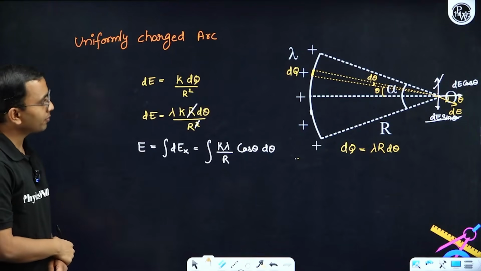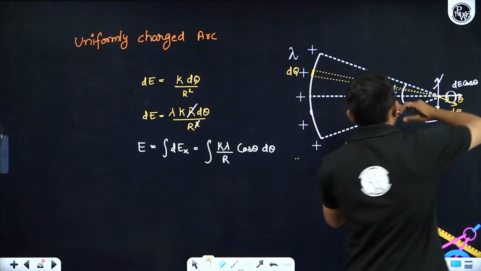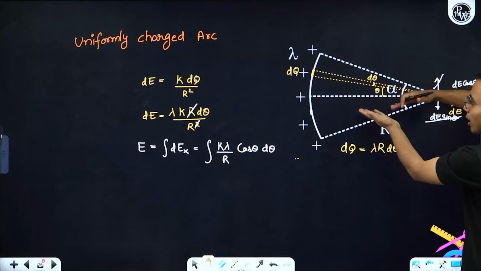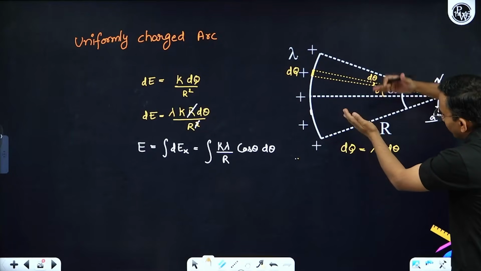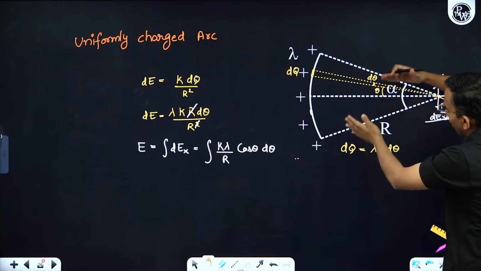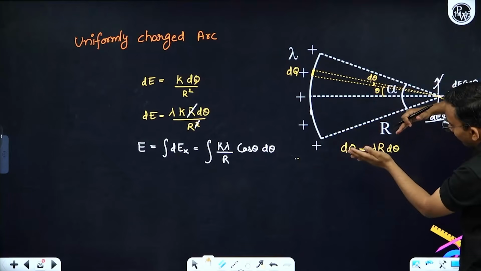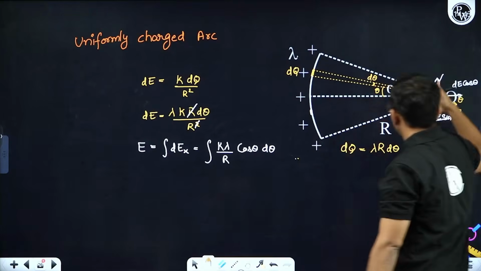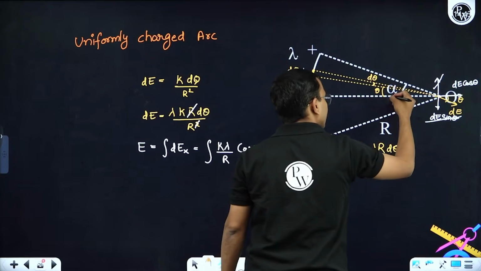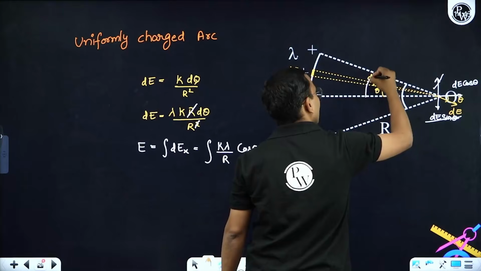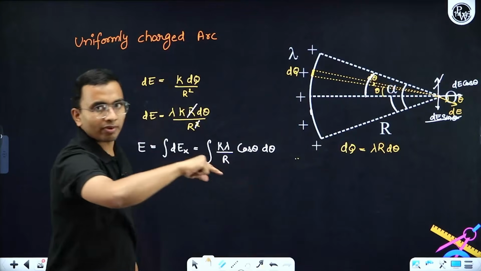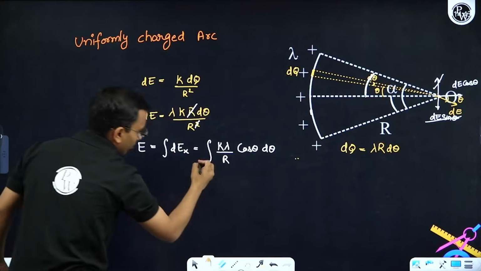What is the limit? Here if you see, I am taking theta positive on the upper side. So on the lower side if I move, theta will be negative. So theta changes from minus alpha by 2 to plus alpha by 2. Both are equal. This is alpha by 2 and this is also alpha by 2. So theta goes from minus alpha by 2 to plus alpha by 2.